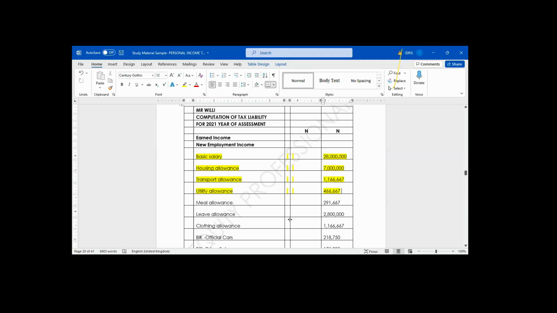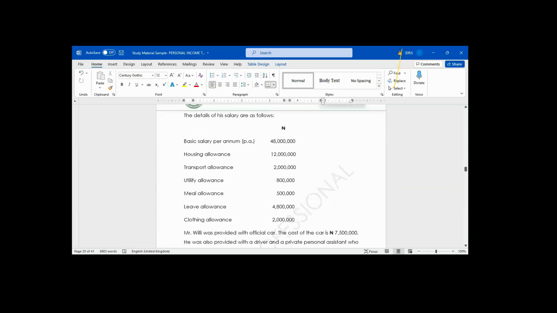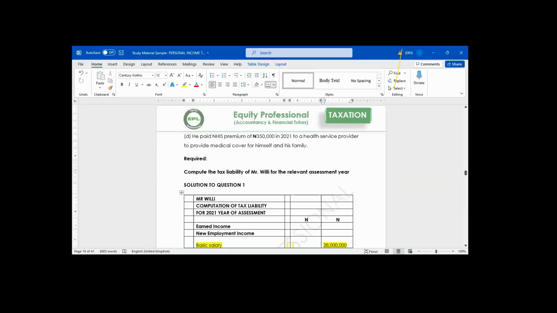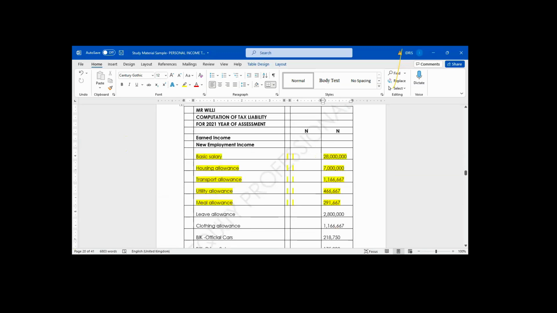Please help us use the calculator. It's correct, sir. 291,667. For the leave allowance, 7/12 times 4.8 million: 2.8 million.